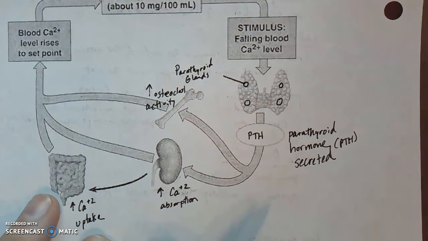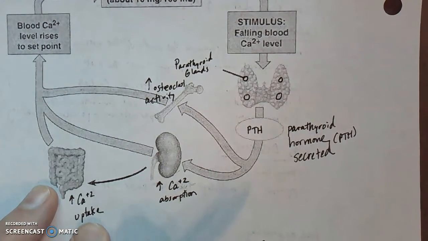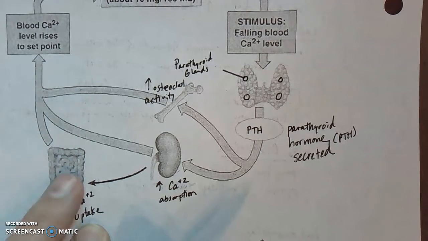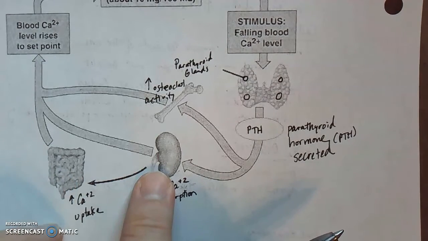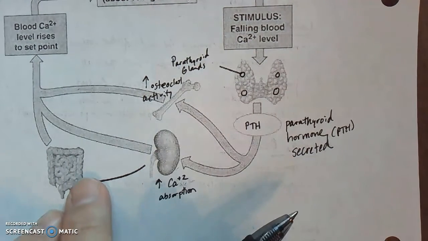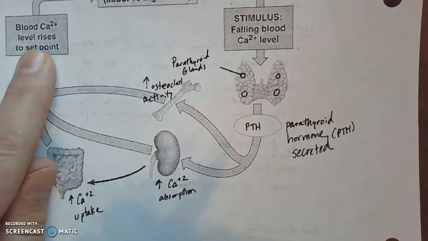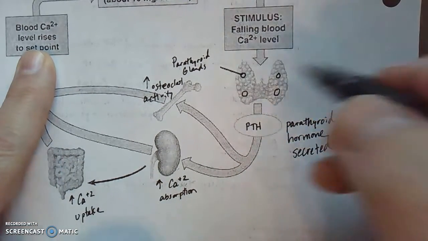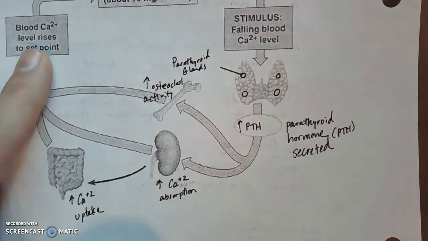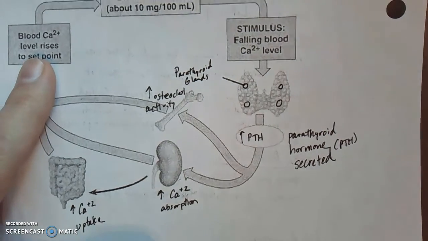In order for that to occur, you have to have vitamin D, like we talked about before. The kidneys actually release a hormone, but we don't have to talk about that right now. So these in total will cause your blood calcium levels to rise, all because of an increase in parathyroid hormone that is released.